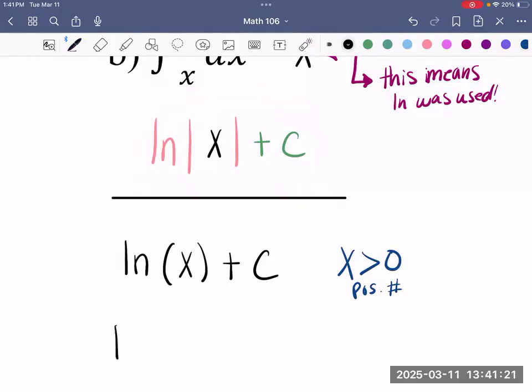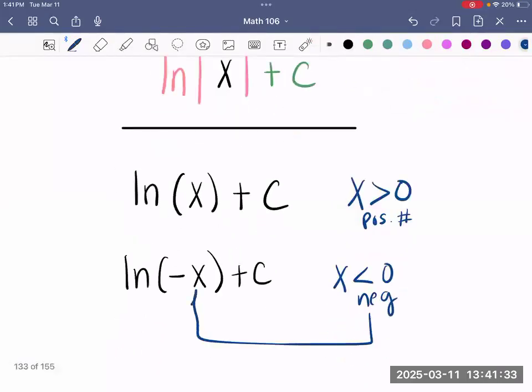Or we could write it out where we have negative x plus c, but for when x is negative, it compounds with the double negative to make it positive.